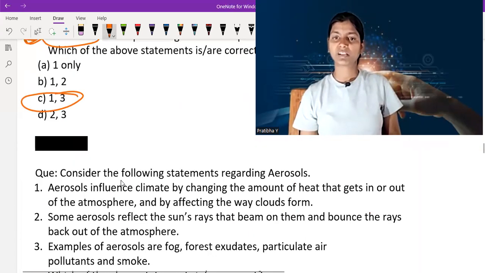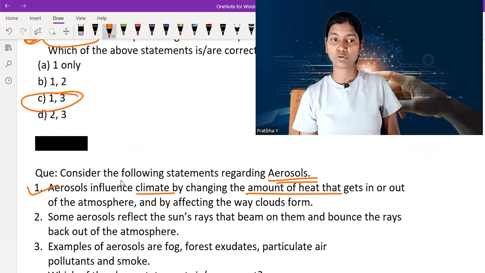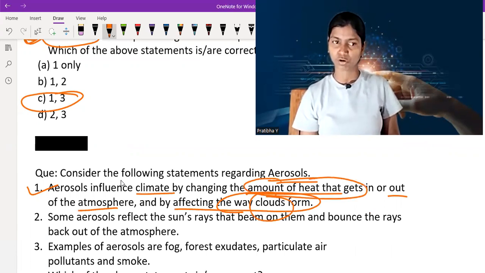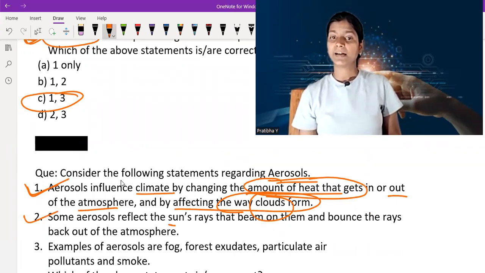Consider the following statements regarding aerosols. One, aerosols influence climate by changing the amount of heat and gas passed out of the atmosphere and by affecting cloud formation. Statement two, some aerosols reflect the sun rays that beam on them and bounce the rays back to the atmosphere. Yes.